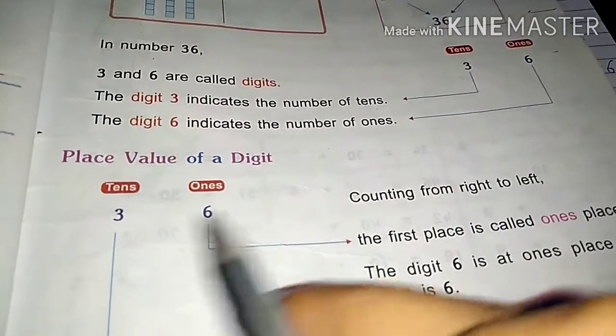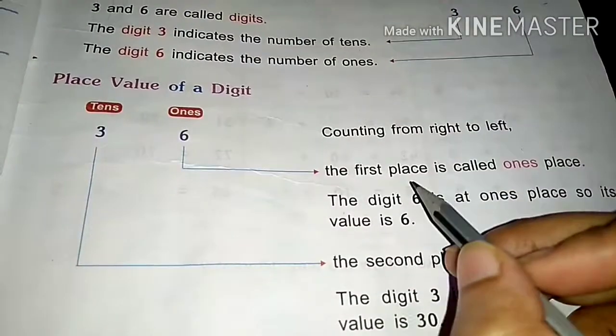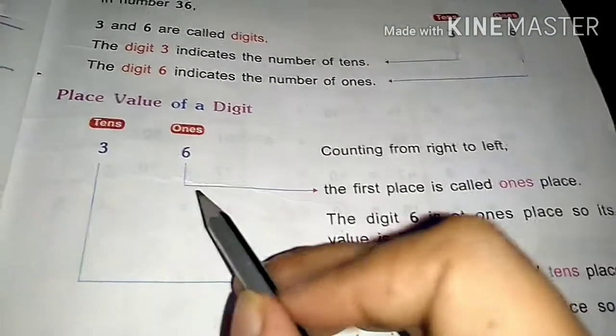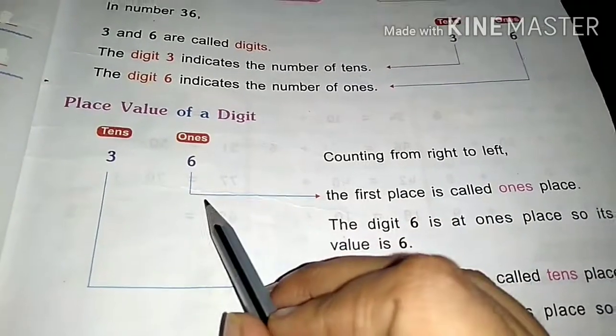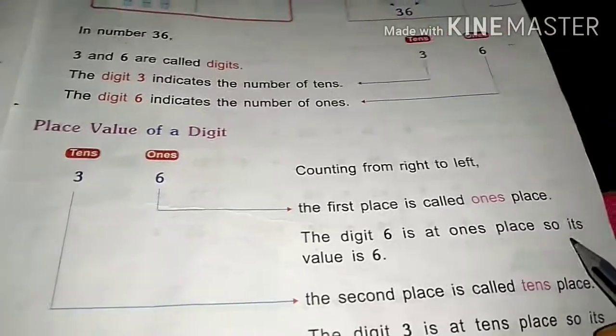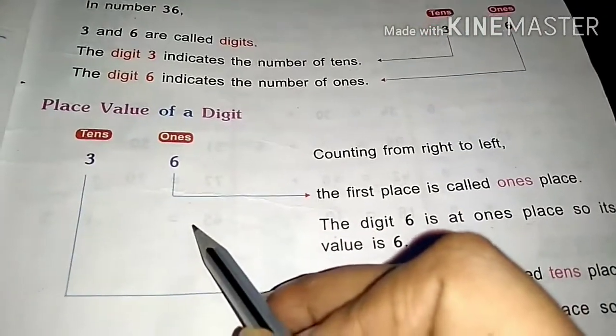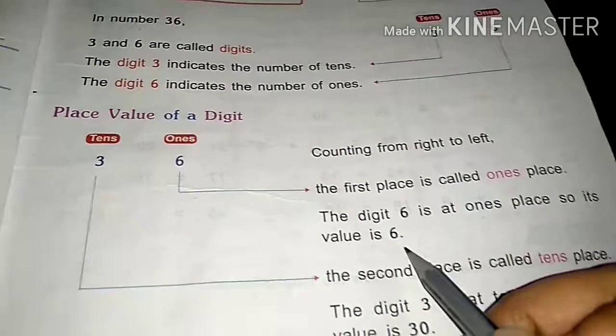The first place is called ones place. The digit 6 is at ones place, so its value is 6.